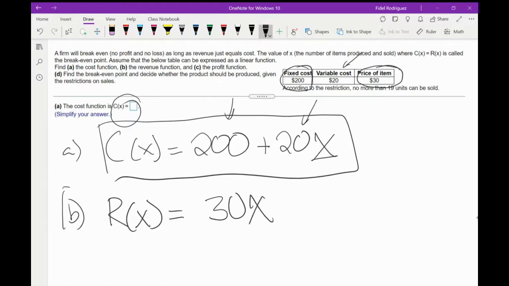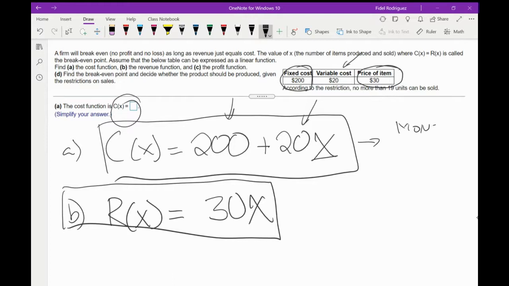So this here ends up being my revenue function, right? Think about it this way. This here is the money that we spent. And this here is the money that we brought in, okay?